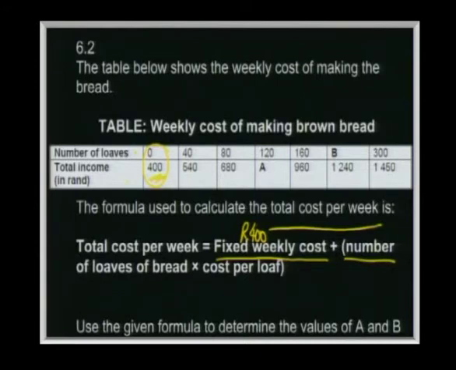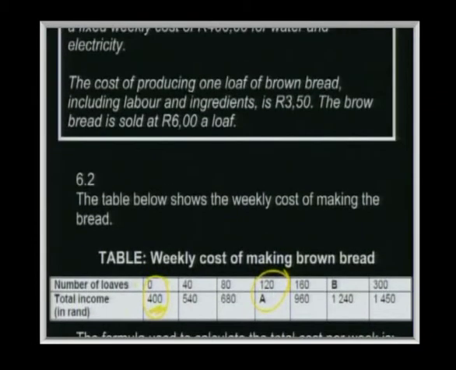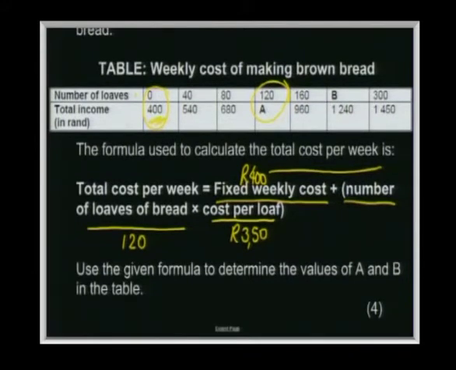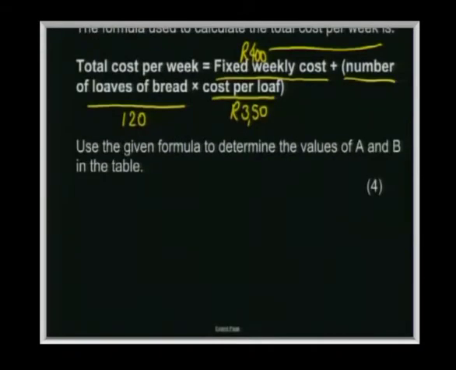The number of loaves of bread, now we're looking for A, so the number of loaves of bread is 120. And then the cost per loaf. We need to go back to our original information to find out the cost of producing one loaf of bread, which is 3.50 Rand. So we're going to use 3.50 Rand here. Let's write that in a sensible formula that we can actually use as a sum.